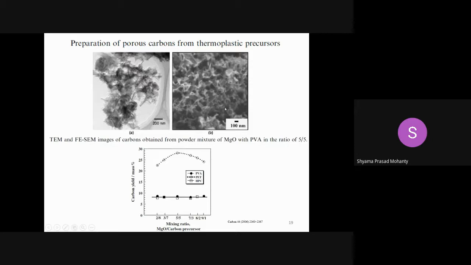Okay, so these porous structures have been formed, and apart from PBA, polyethylene terephthalate and hydroxypropyl cellulose have also been used, where over the magnesium oxide, this polymer coating has been formed, and then it has been pyrolyzed to form this carbon coating. Then by dissolving the magnesium oxide in sulfuric acid solution, the magnesium oxide has been separated, and you can get only this porous carbon structure.